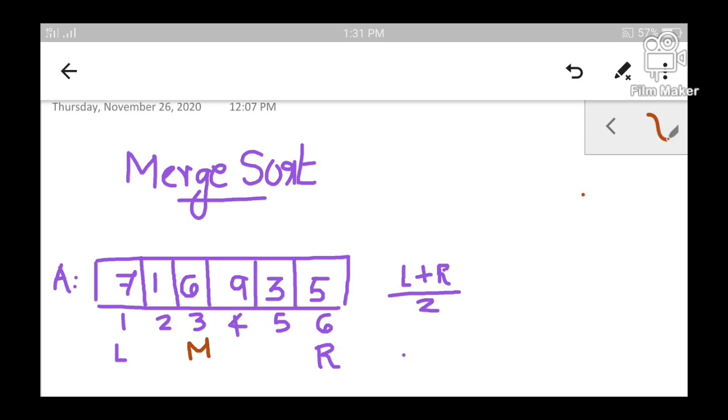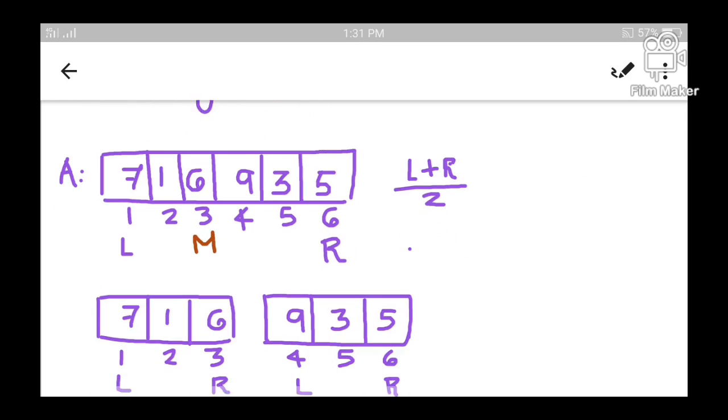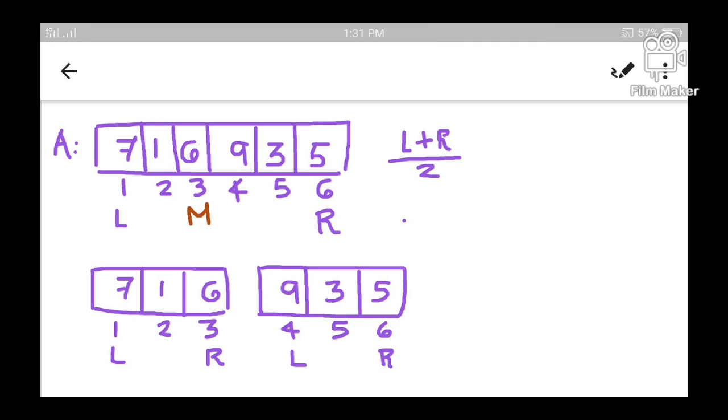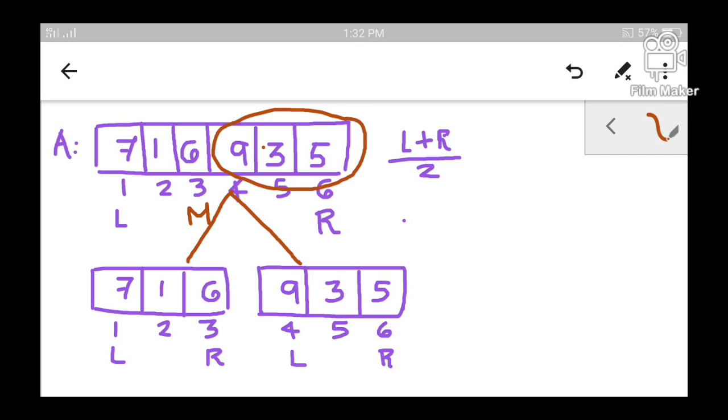If this is the mid position, then we split the array into two halves such that elements ranging from left to mid position, that means all these three elements, will move to the left array, and all the remaining elements, that means elements from the mid + 1th position to the last element, will be moved to the right array.